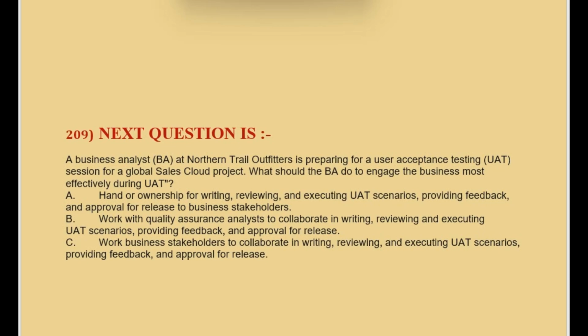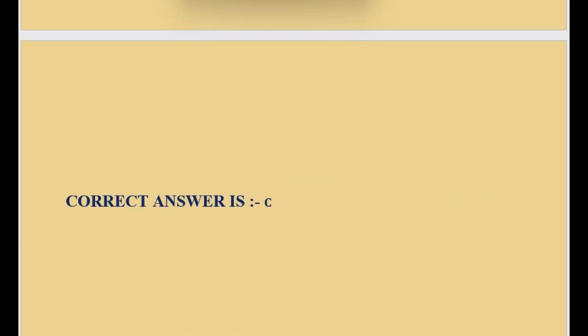Option B, work with quality assurance analysts to collaborate in writing, reviewing, and executing UAT scenarios, providing feedback and approval for release. Option C, work with business stakeholders to collaborate in writing, reviewing, and executing UAT scenarios, providing feedback and approval for release. Correct answer is option C.